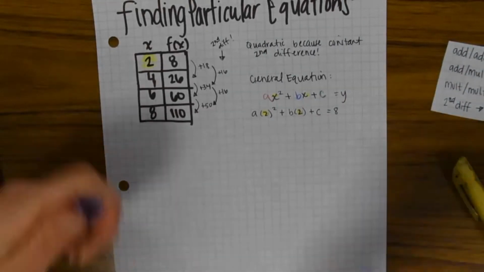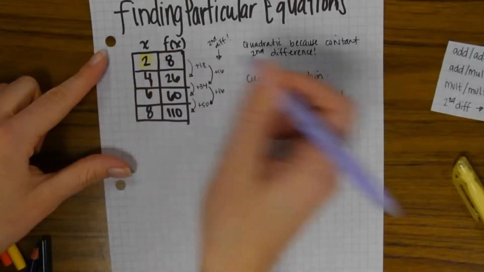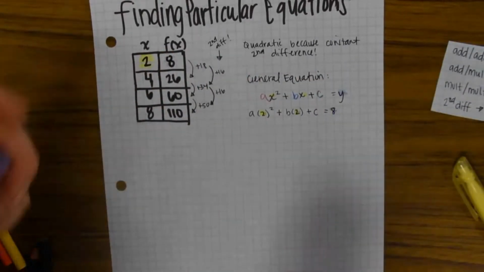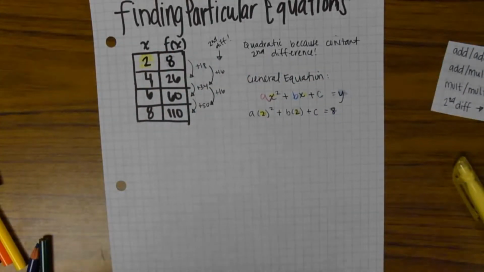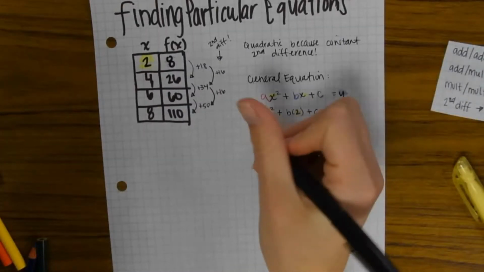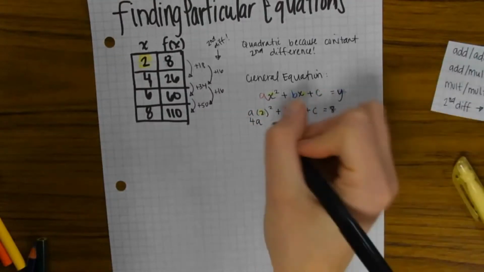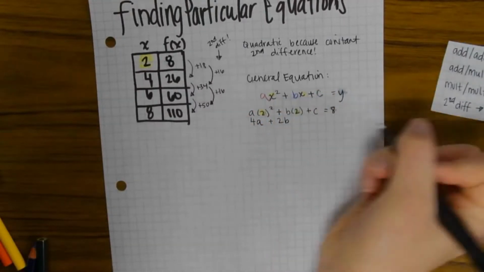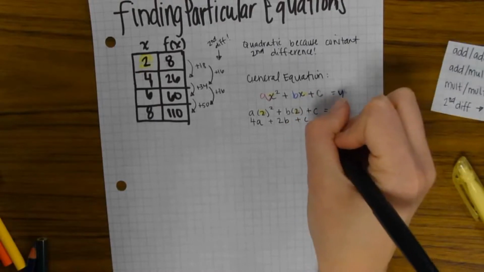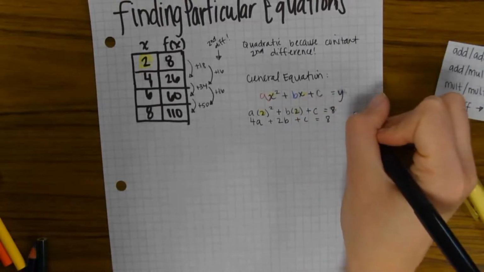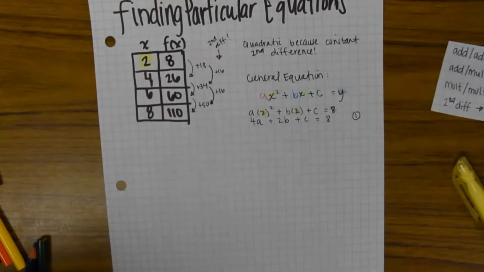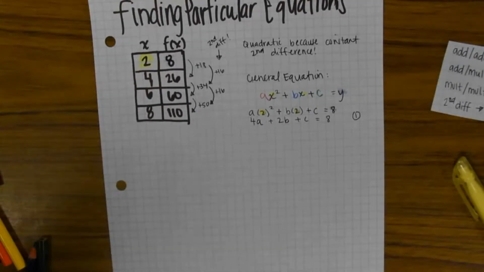Then I took 8 and I plugged it in for y. Now I can simplify that a little bit. 2 squared is 4, and then that would be 4a plus 2b plus c equals 8. There's one equation. I need 3 of them.